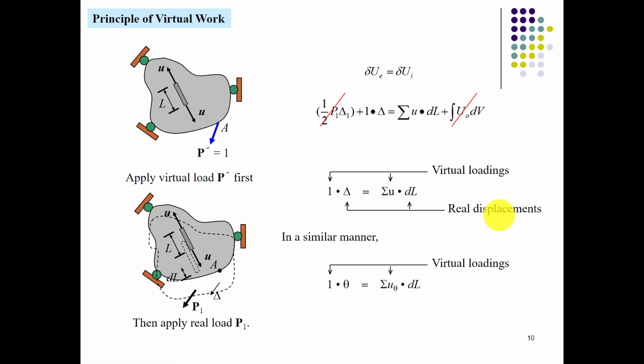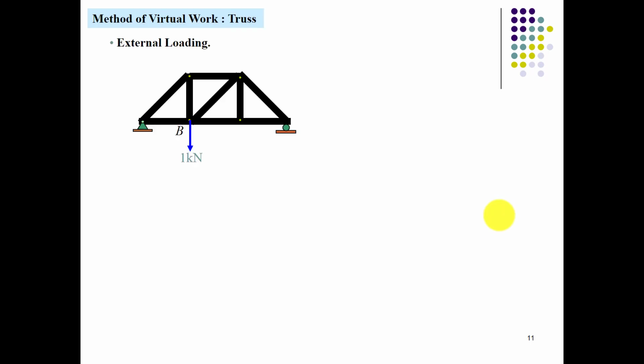In a similar manner, we can calculate the deflection in terms of a rotation. If we talk about the virtual work in the case of truss elements, we apply some virtual load of unit value and then calculate its deflections. For example, we have a virtual load of 1 kilonewton acting upon point B, a joint in a truss, as shown.